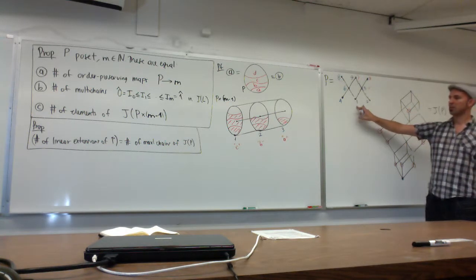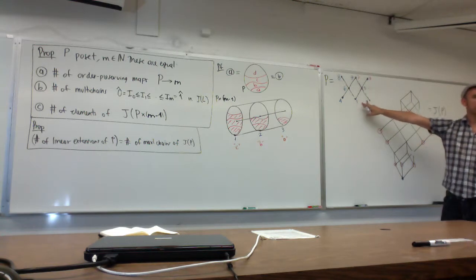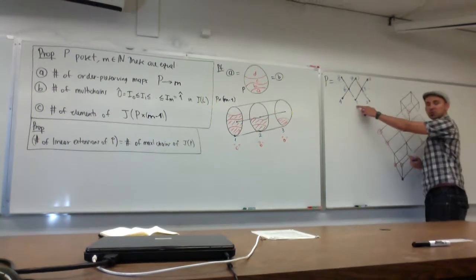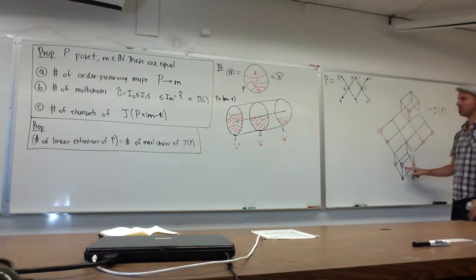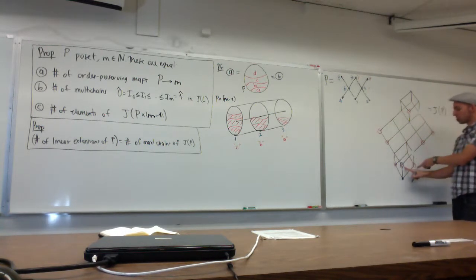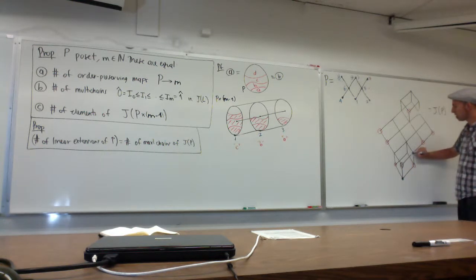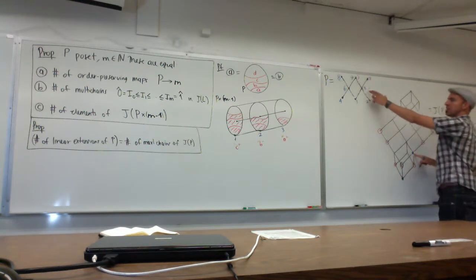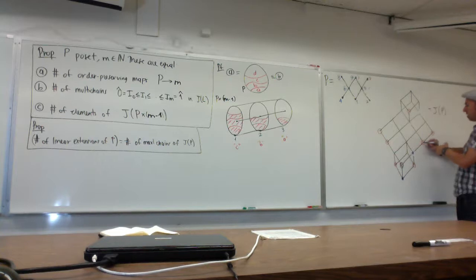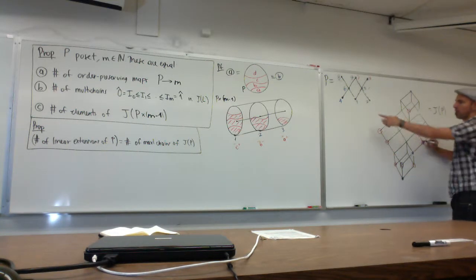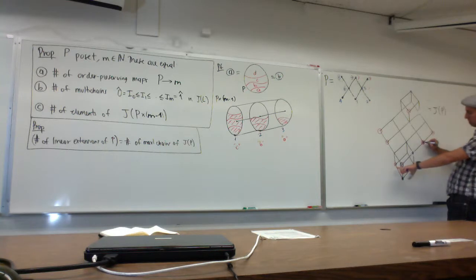So what is the chain corresponding to the linear extension? I say, well, this guy goes first, right? So I go from here to here. This guy goes first. Then this guy goes second. So I take the join with the second element, which is this one. Right? So I land over here. Then third, I take the join with this guy, which corresponds to this guy. Right? And so I land here. Then I take the join with the fourth element, which is this one.